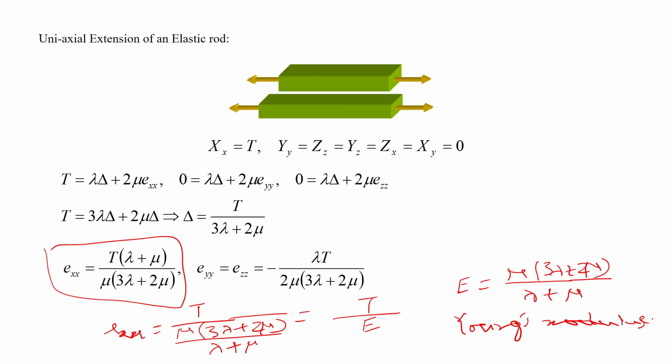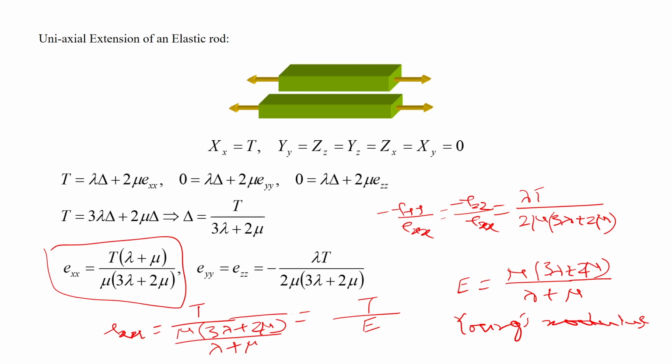Okay. So, this is called Young's modulus, and here Eyy divided by Exx is equal to Ezz by Exx. What is this quantity? This is equal to minus of Eyy and minus of Ezz. So, if I do that, it is lambda into T by 2 mu by 3 lambda plus 2 mu, and Exx is equal to 3 lambda.